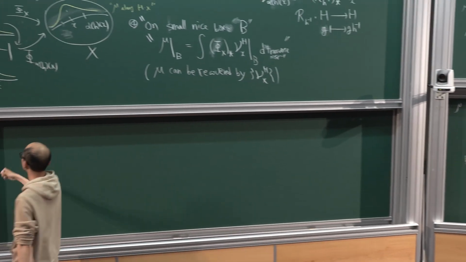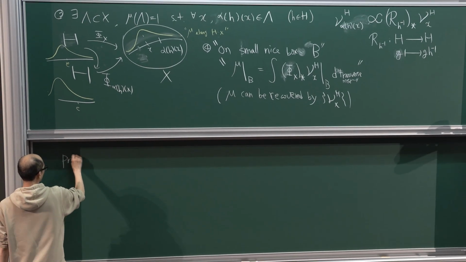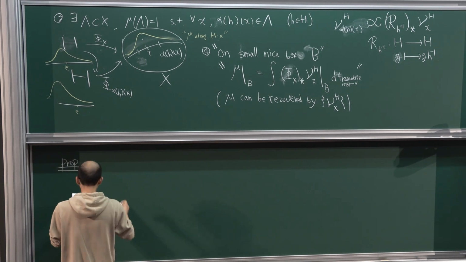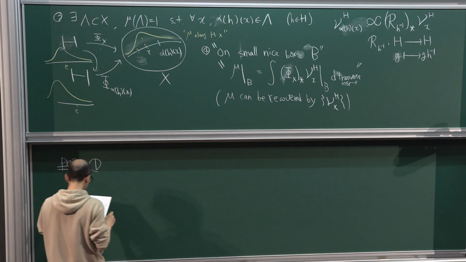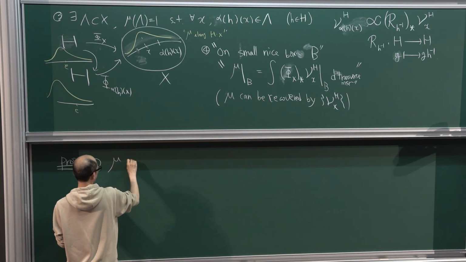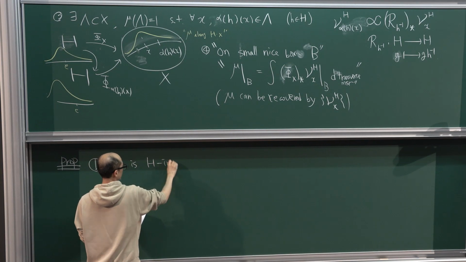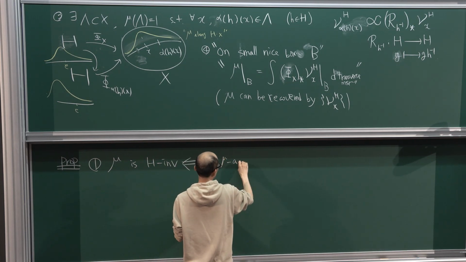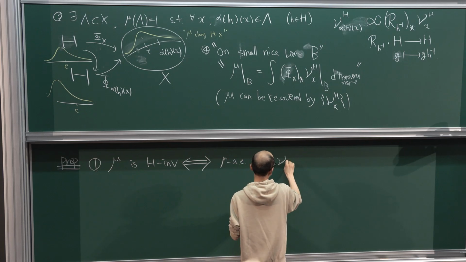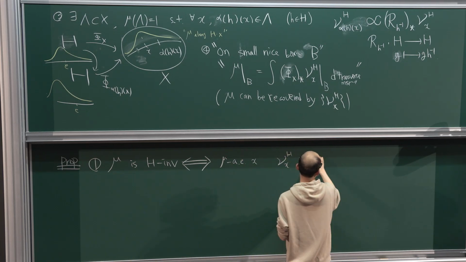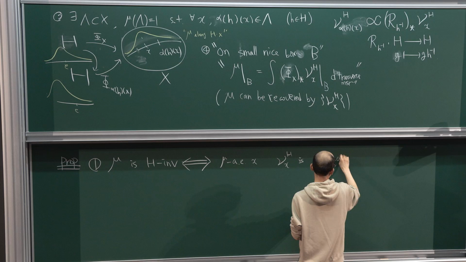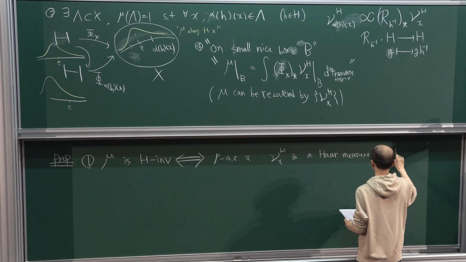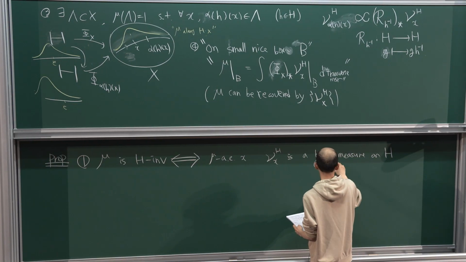But here's the key point. So the theorem or proposition, this is the important proposition: mu is H invariant if and only if for mu almost every x, nu of xh is a Haar measure on H up to proportionality, up to constant.